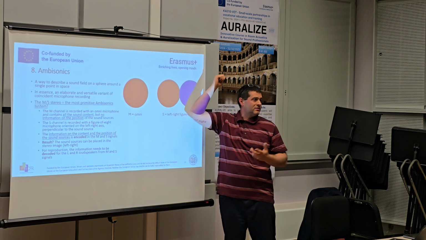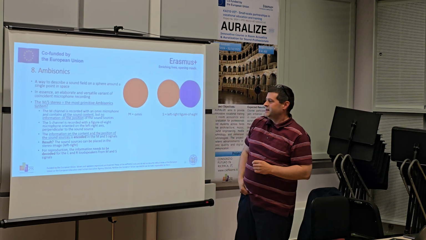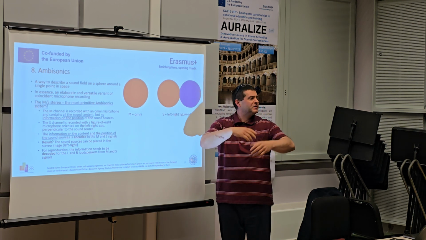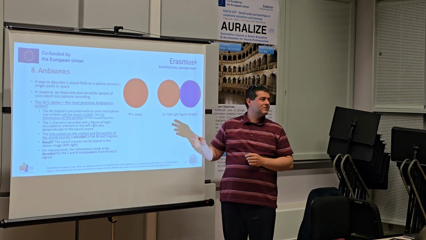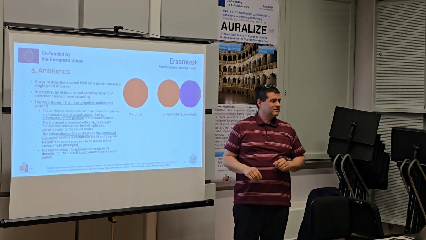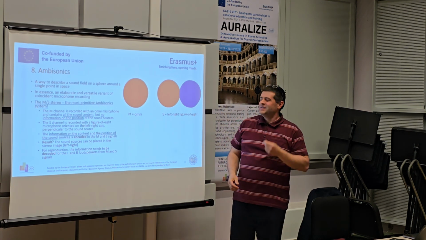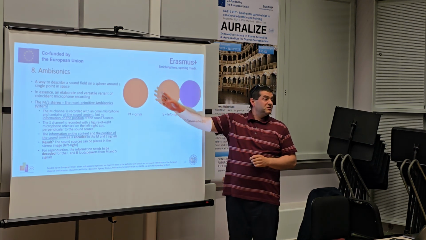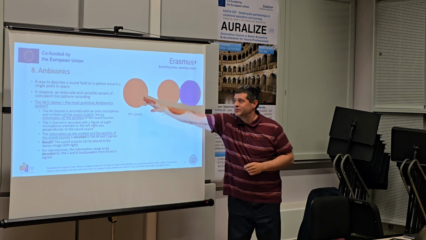But as you can remember, you cannot directly reproduce this without doing something else. When you record this, you have this information about direction somehow encoded. This is a term that is widely used in ambisonics. This information is encoded in these two signals.